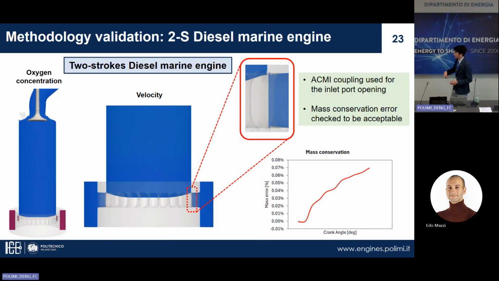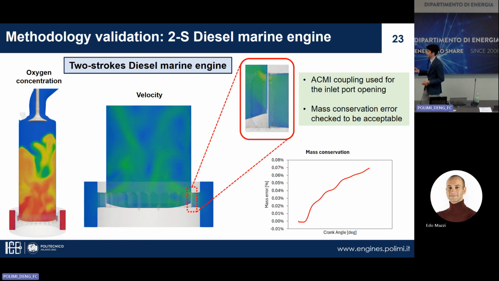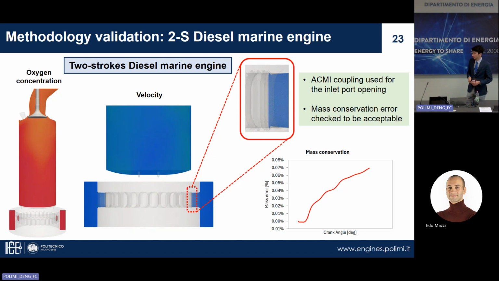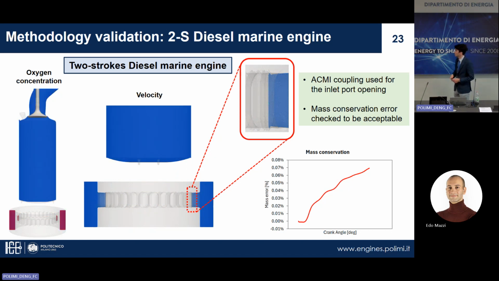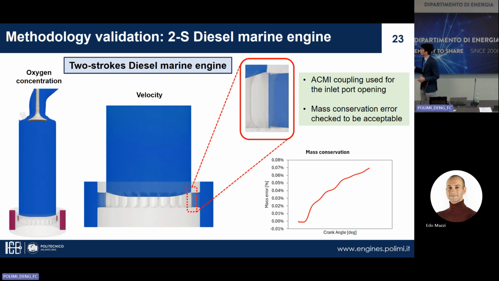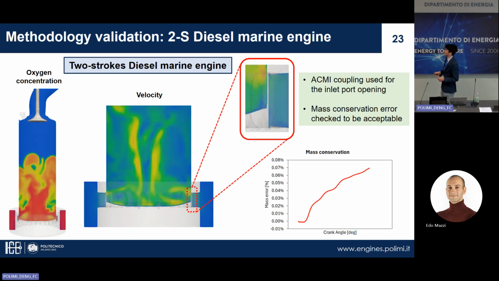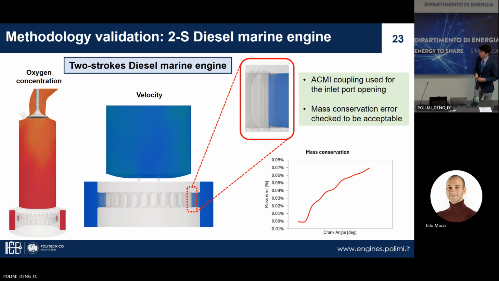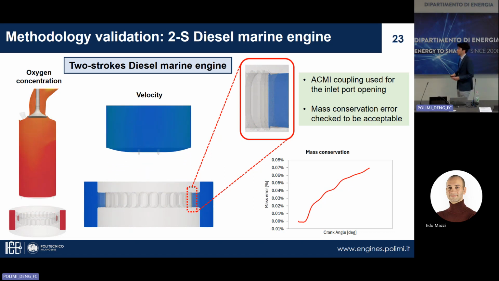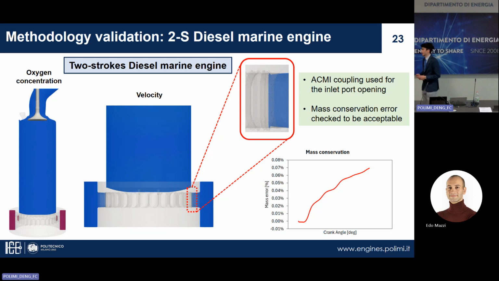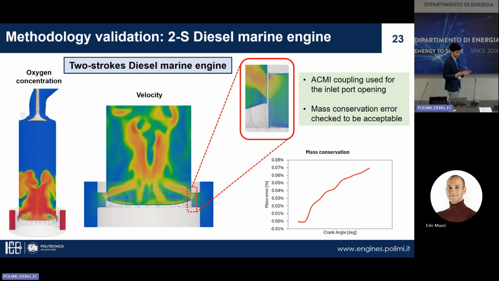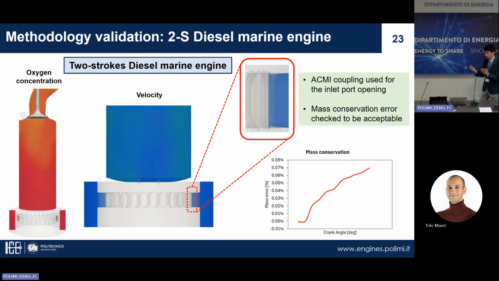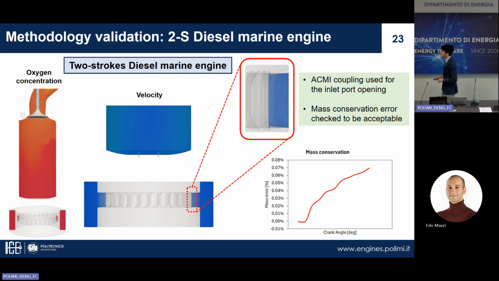Another validation on a completely different type of engine is the validation on the two-stroke diesel low-speed marine engine. As I mentioned, we use the ACME coupling for the inlet port opening and closing with the combustion chamber. We are aware that when you use ACME and AMI, the mass conservation is not satisfied if the patches are not perfectly planar, like in this case, because they are of course not planar.